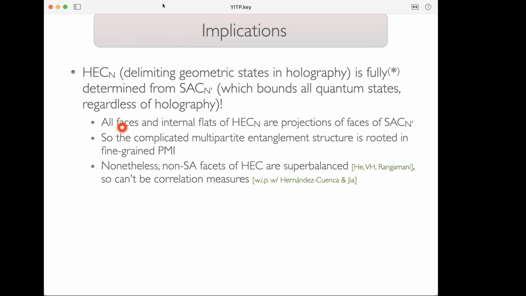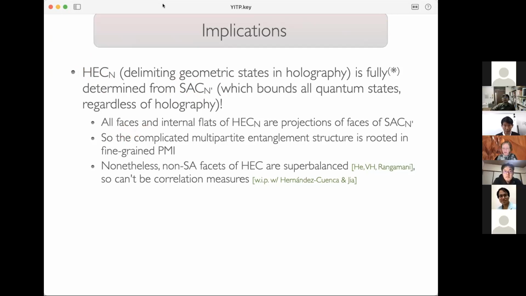And so similarly, all the higher dimensional faces and the internal structure of this holographic entropy cone are just obtained by these projections of the subadditivity cone. And so that means that this complicated multipartite entanglement structure really is just encoded or rooted in this pattern of marginal independence, which subsystems can be simultaneously independent of each other, decorrelated from each other, and nothing else.